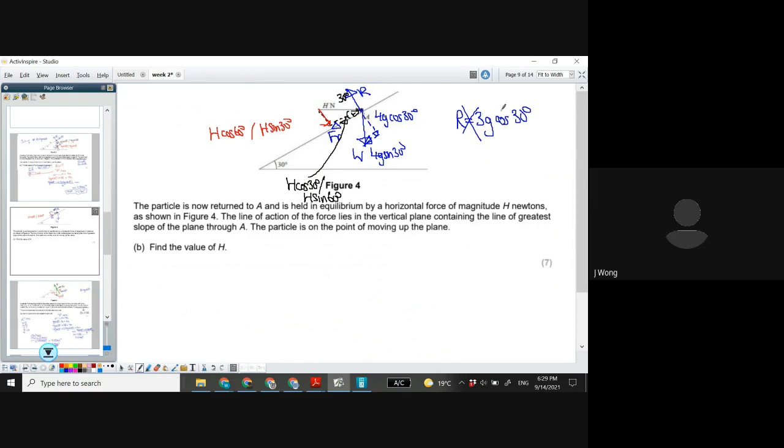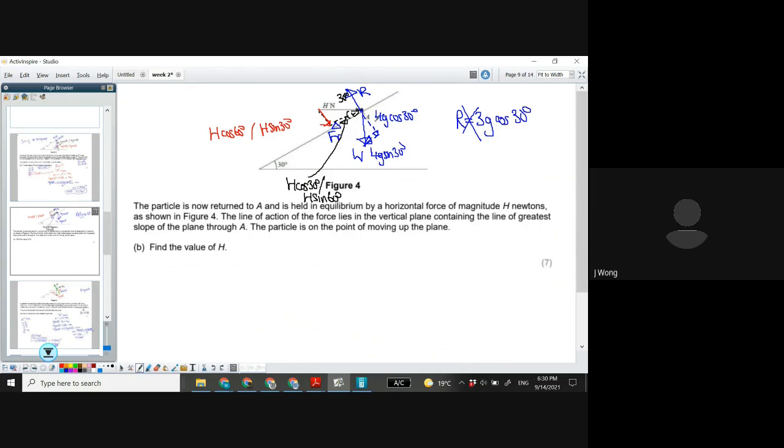So whenever a new force is introduced, double check if the reaction changes. Not only in inclined planes, it could also be a horizontal box where you slide horizontally. If you introduce a force like that, it does impact the reaction force. So please double check it in part B, where forces are introduced to or withdrawn from the system.